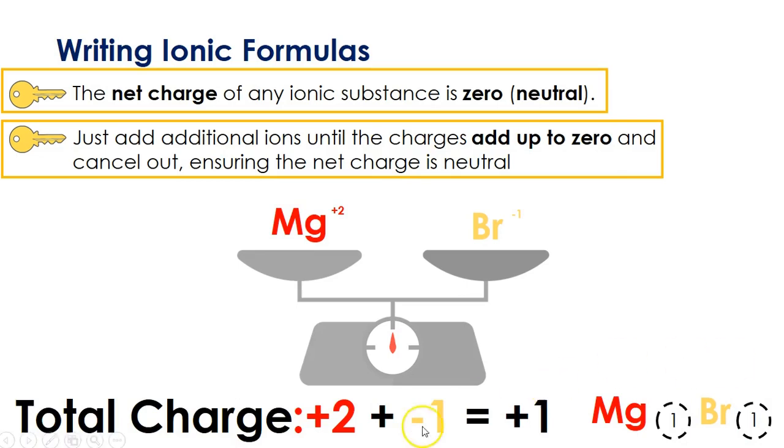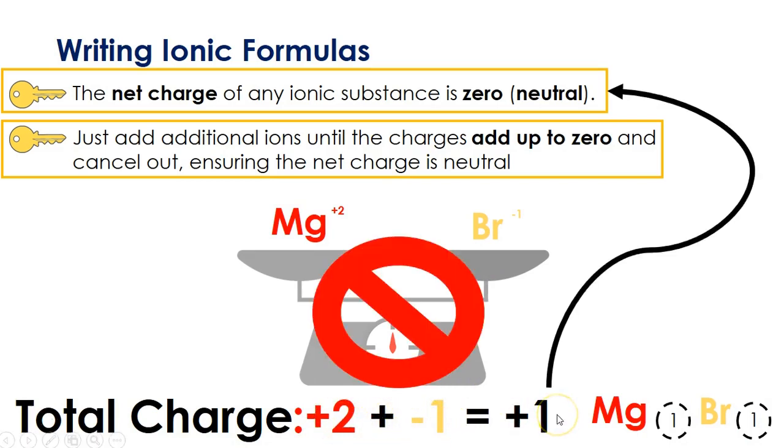The charge of one magnesium is +2, and the charge of one bromine is -1. When we add that together, it equals +1, which definitely does not equal 0, and it's not neutral. Therefore, we need to add additional ions until the charges add up to 0, canceling out and making sure the net charge is neutral.